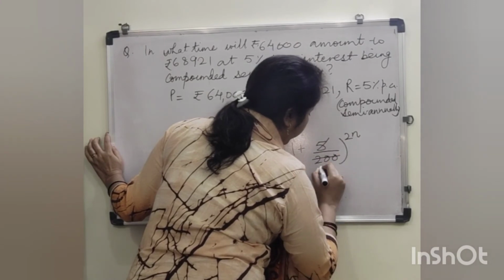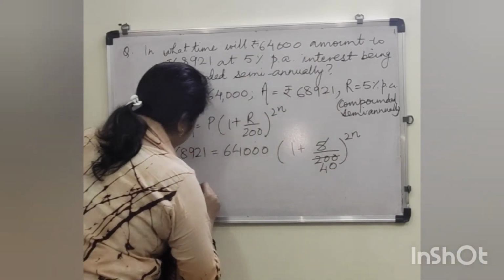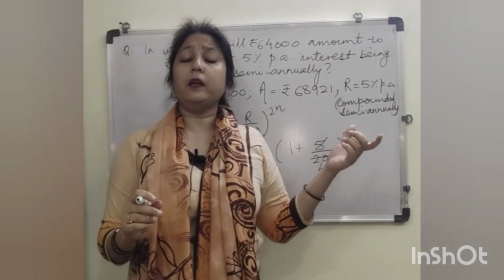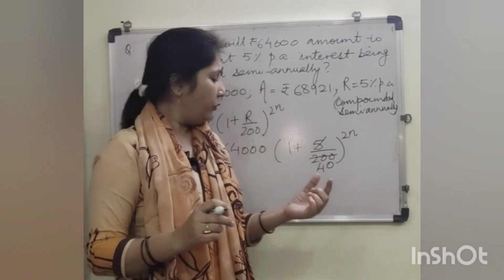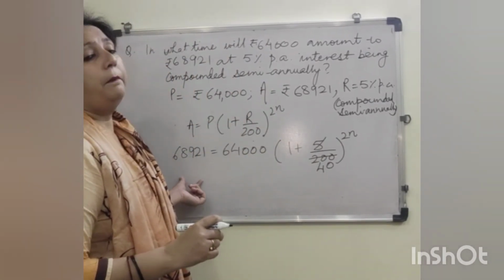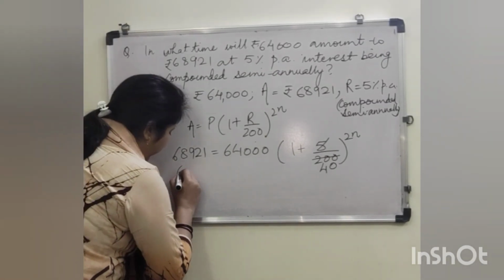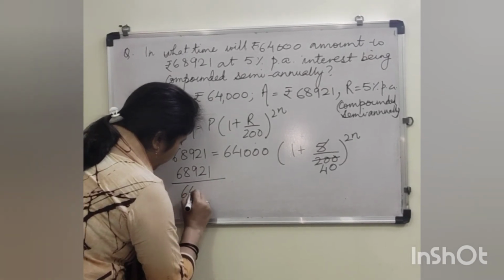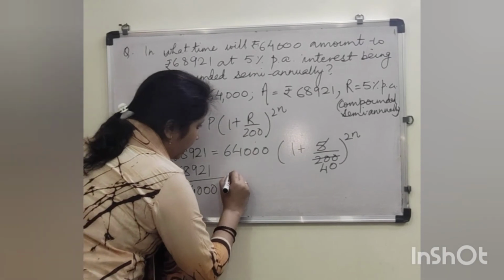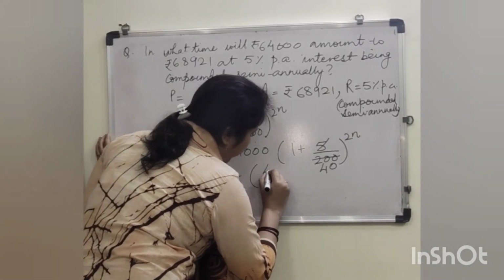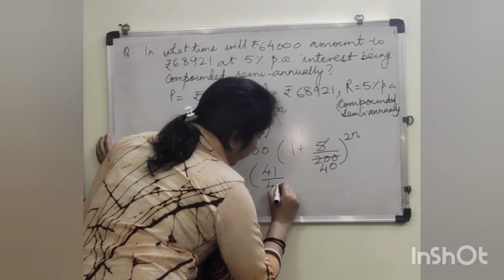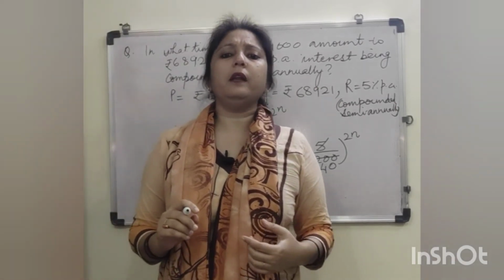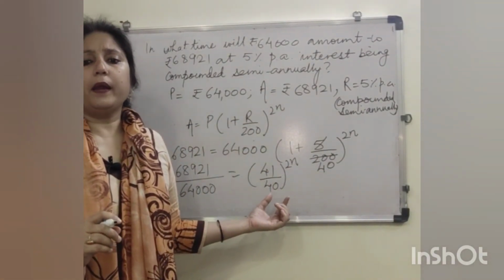By 5 let us cancel, 40. And I told you in the previous question, whether you have to calculate rate or time, you have to bring this principal below amount. So it is 68921 over 64000 is equal to (41 over 40) whole to the power 2n.